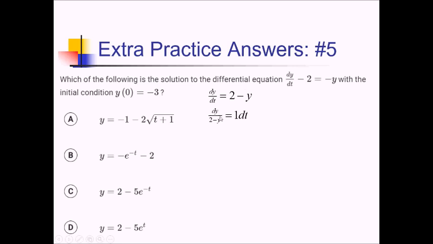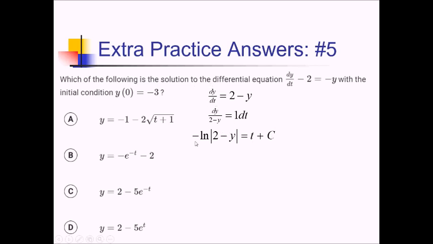At this point, I can now take the antiderivative of each side. On the left side, that's going to give me ln of absolute value of 2 minus y divided by the inner derivative of negative 1, so negative ln of absolute value of 2 minus y equals, and using our reverse power rule, this is just going to be 1t plus c. At this point, we have to figure out the c value. To do that, we plug in the initial condition.